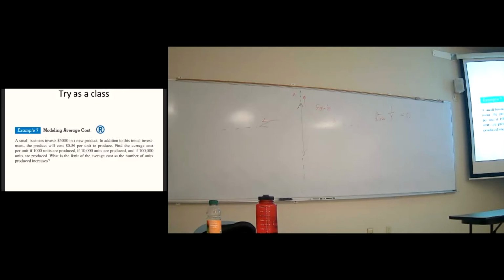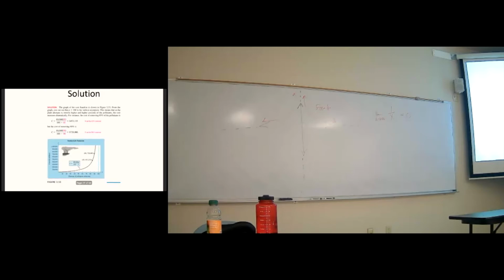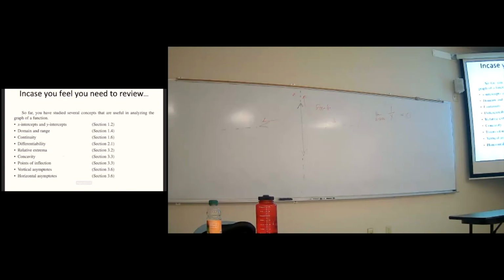So chugging along, we get this idea. All right, this takes some time, what we're about to do. If there's anything up to this point with the concavity, differentiability, relative extrema that you feel rocky on, these are the sections that they correspond to.